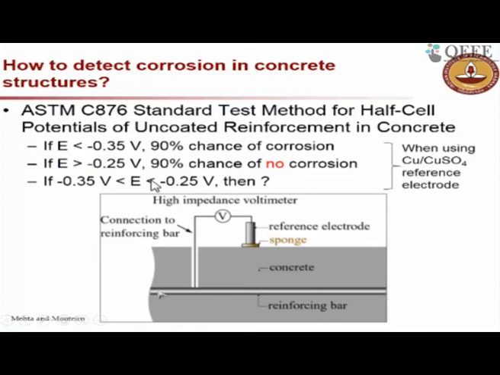The rebar is embedded in the concrete, and you connect a reference electrode through a voltmeter to the rebar and check its potential. The reference electrode has a fixed potential, so depending on the reading on the voltmeter, we can determine the potential of the steel rebar.